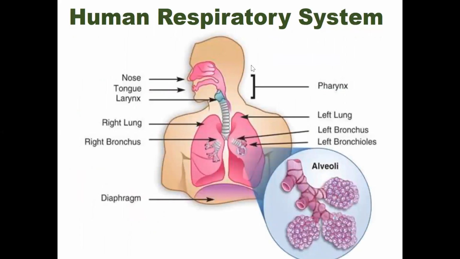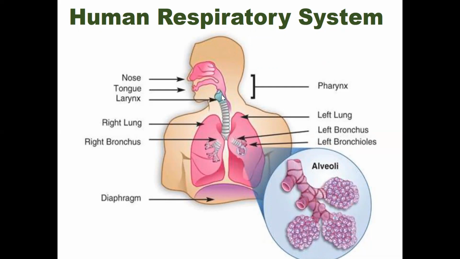And here is the overview. Here is a diagram of the total human respiratory system. See, from nose to lungs, diaphragm: here the nose, nostrils, nasopharynx, then larynx.